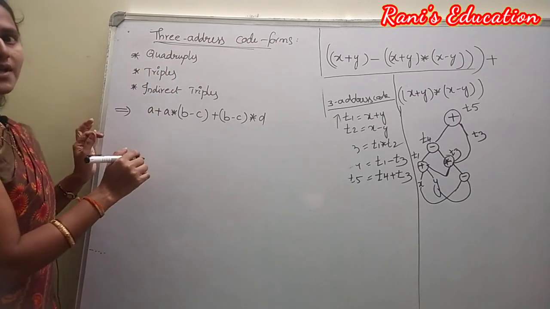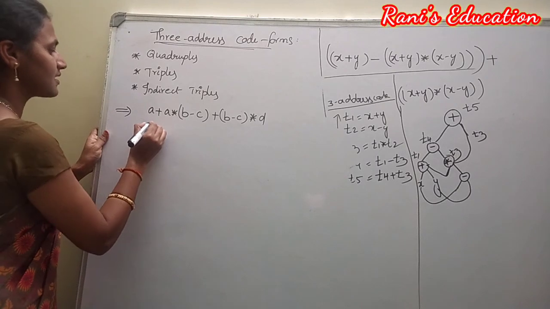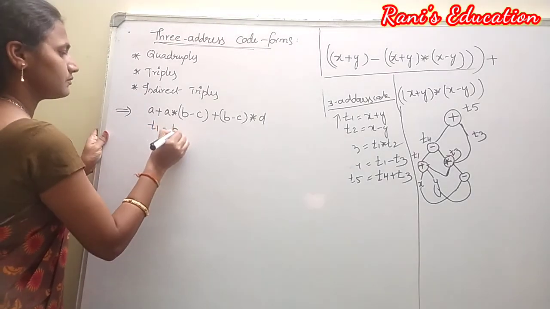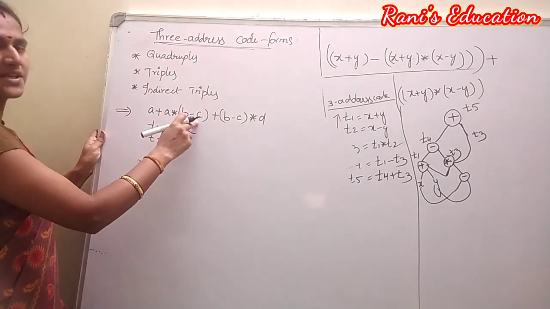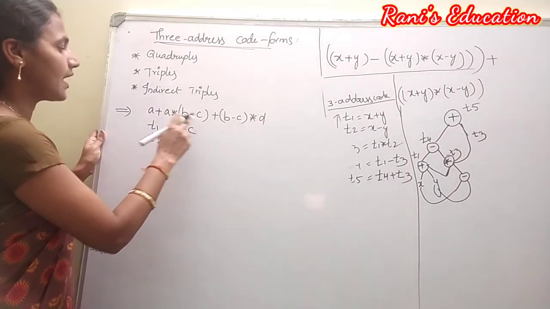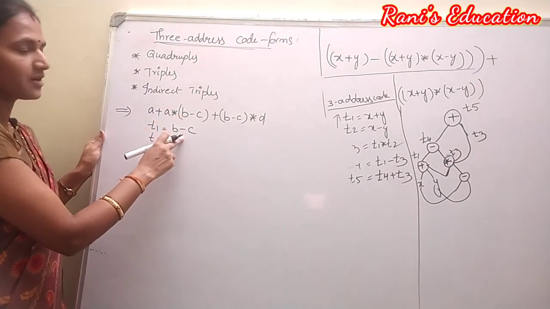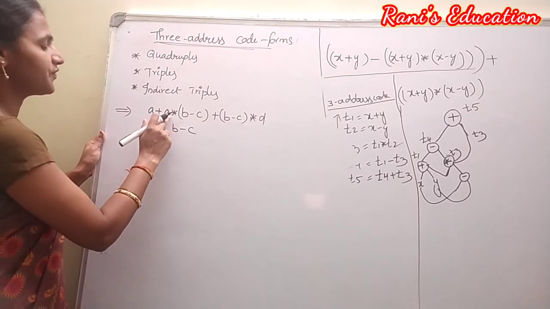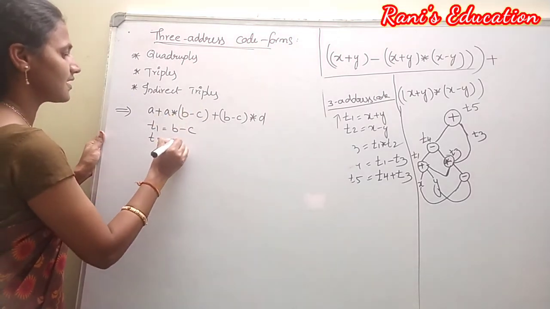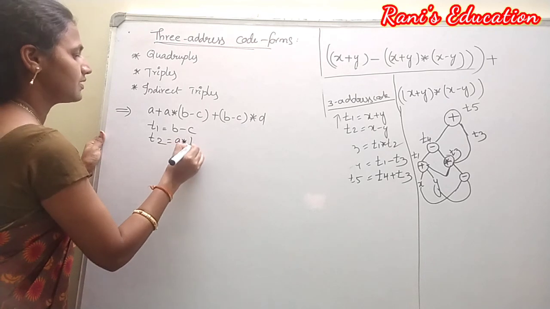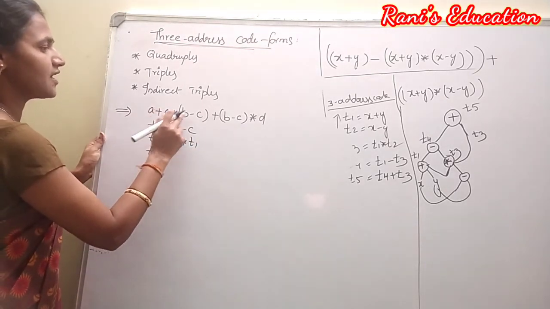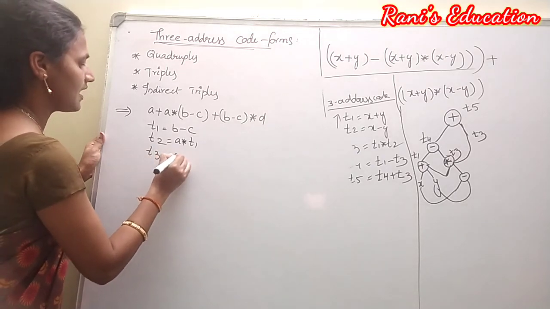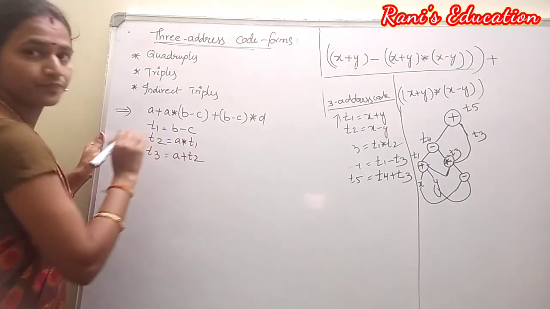So first we need to construct 3 address code for this. Here the common sub expression is b minus c. I am going to represent it with a temporary variable name t1. So go for a into b minus c, that is a into t1.